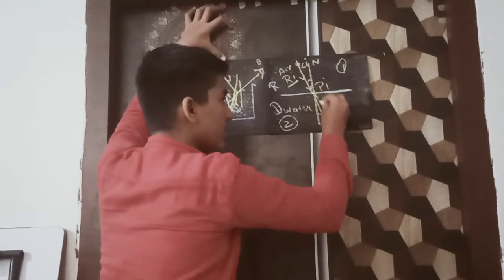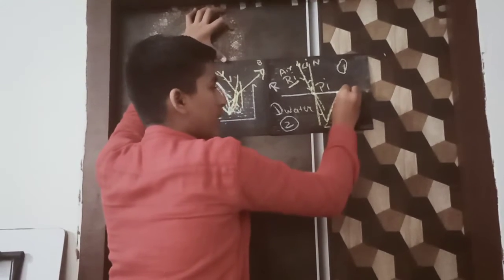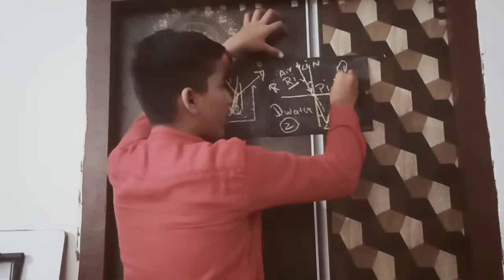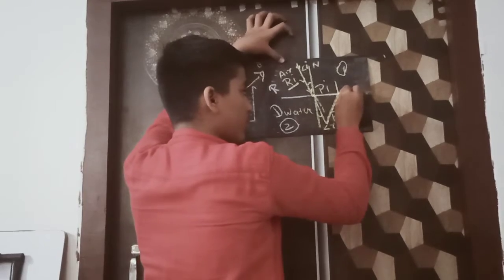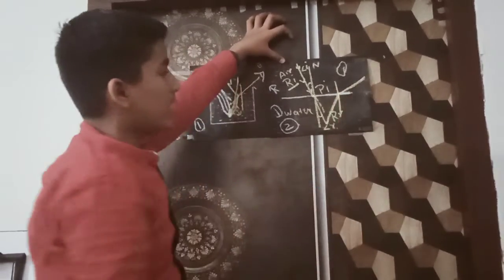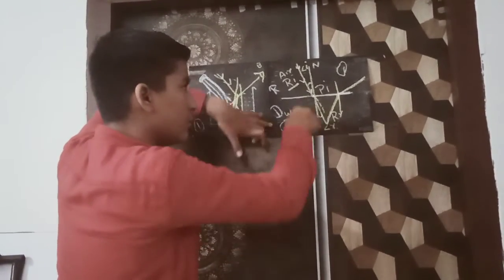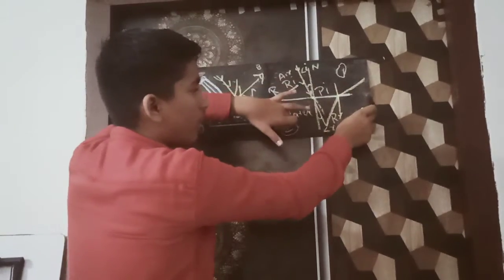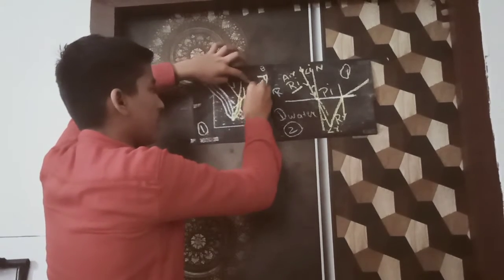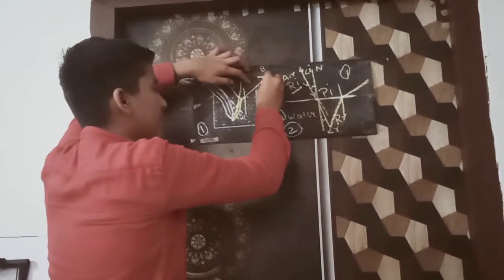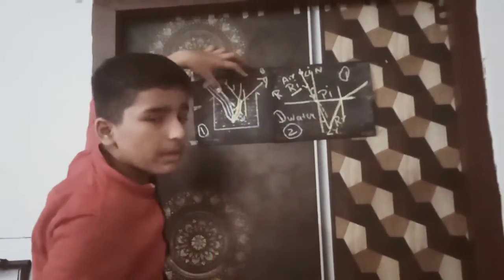Here it is deviated, meaning a ray of light moving from a denser region to a rarer region moves away from the normal. When it moves away from the normal, if our eye is here, then our eye understands where the ray is coming from, and the image forms there.